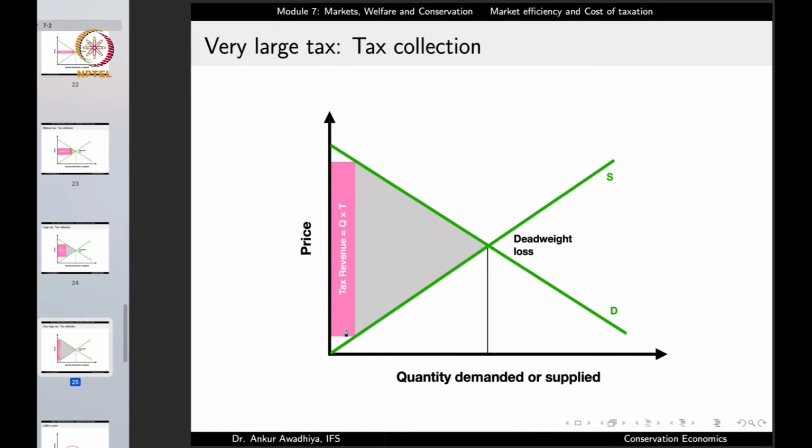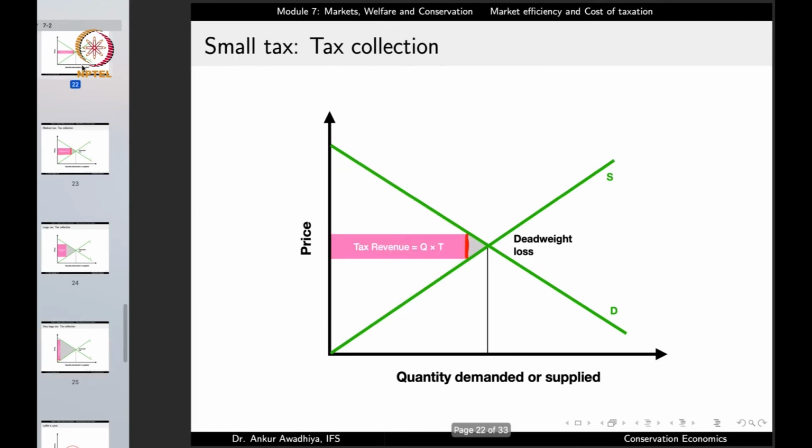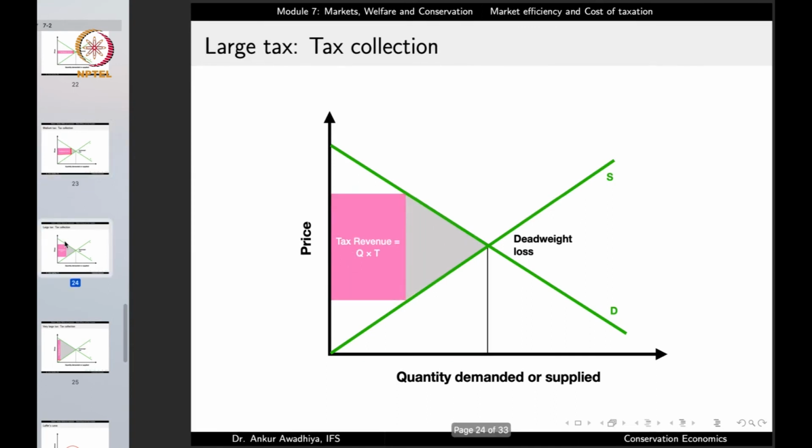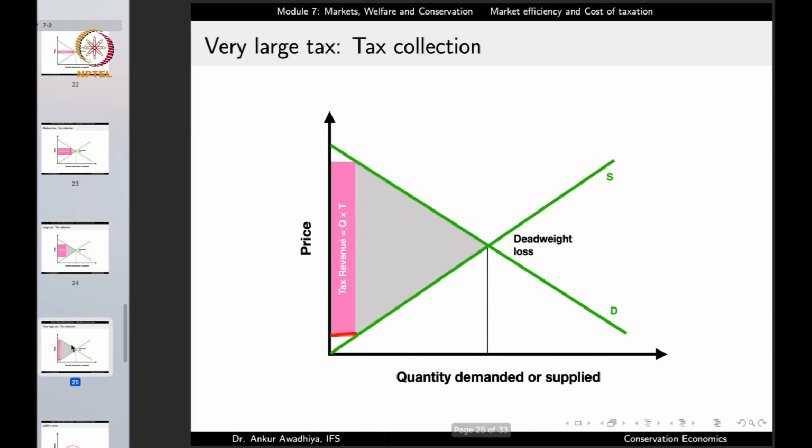So now Q is only this much, and the tax collected is given by the area of this pink colored rectangle. So what we are observing here is that this rectangle now has a very small area. So we started with a small tax size where we had a small tax revenue. Then the tax revenue increased when T is increased. Then it reaches a maximum, and then it starts to decrease.